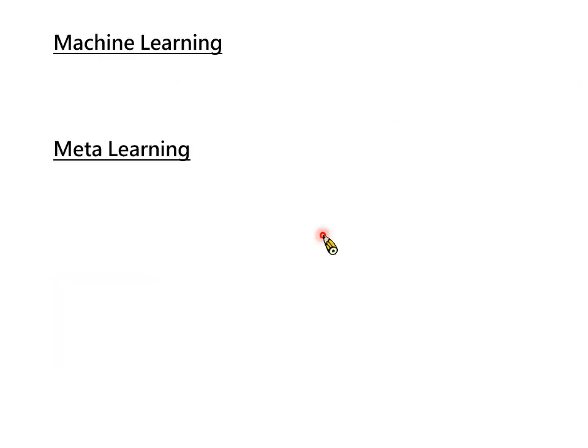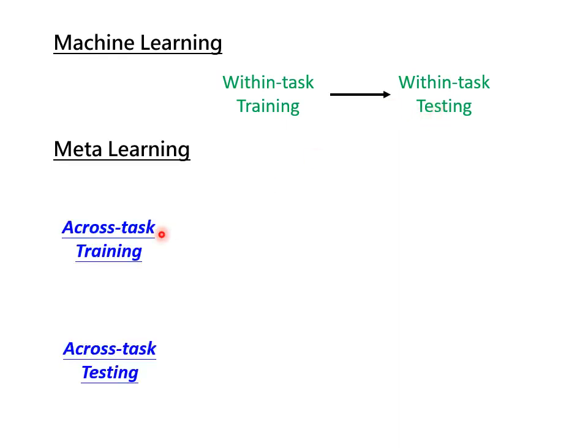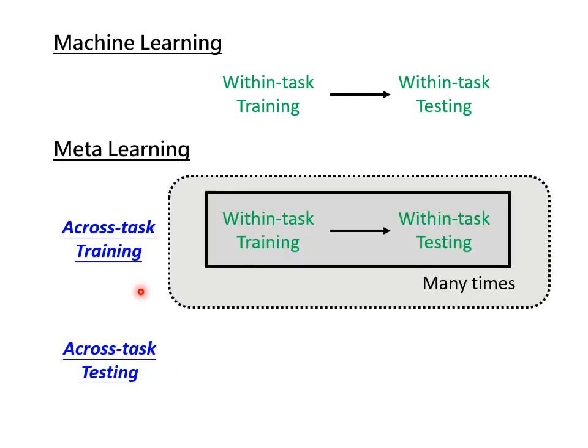In machine learning, you have one within task training and one within task testing. In meta-learning, we have across task training and across task testing. In across task training, you have to run within task training and within task testing several times, to find the optimal phi.